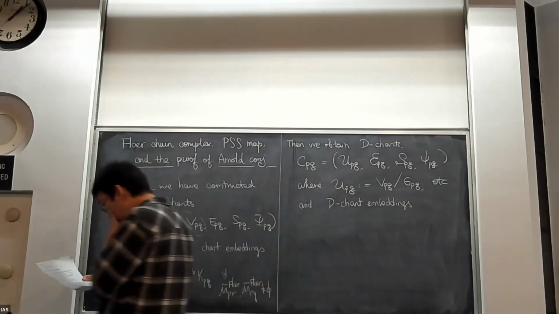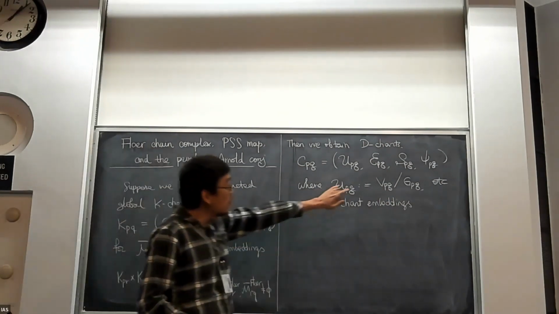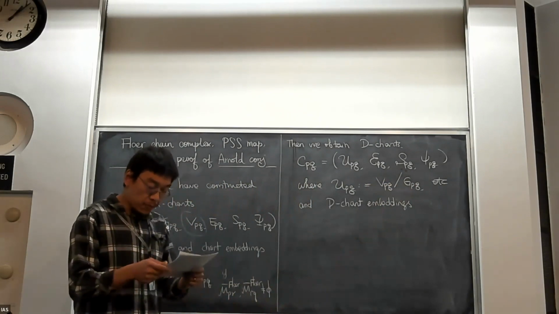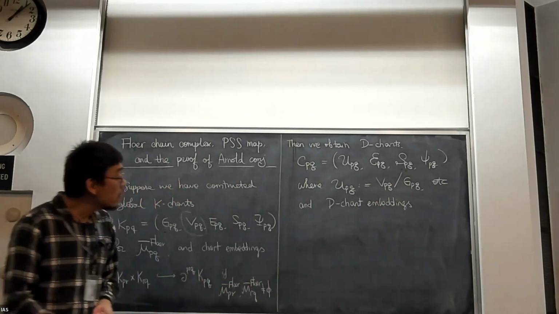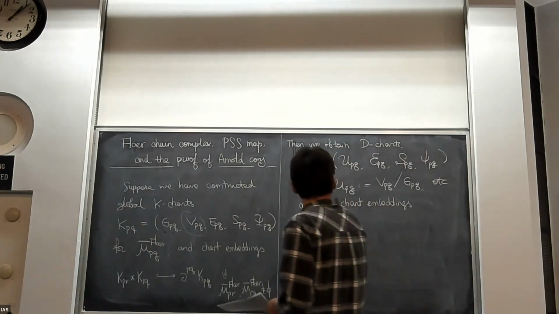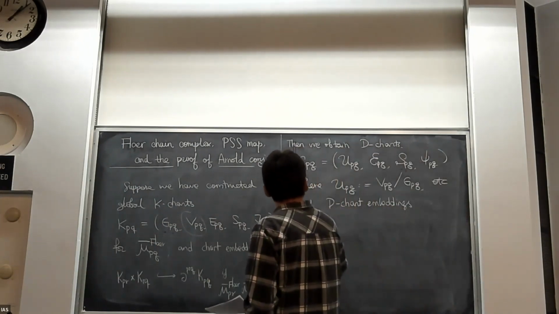Then we want to perturb those orbifold sections using the FOP perturbation scheme. And naturally, we do an induction.